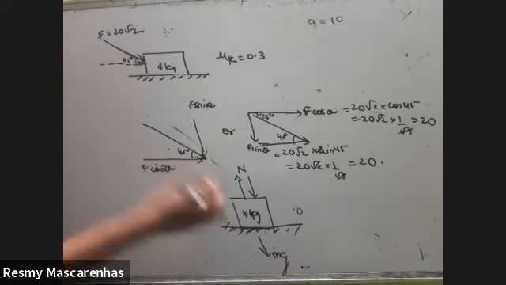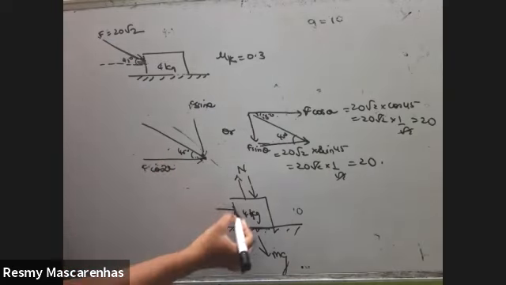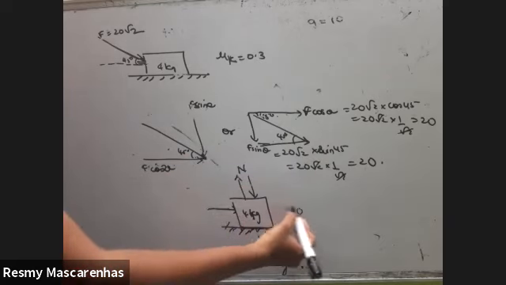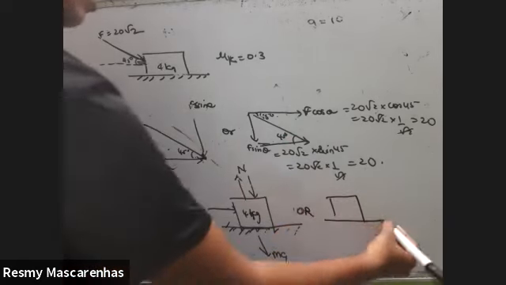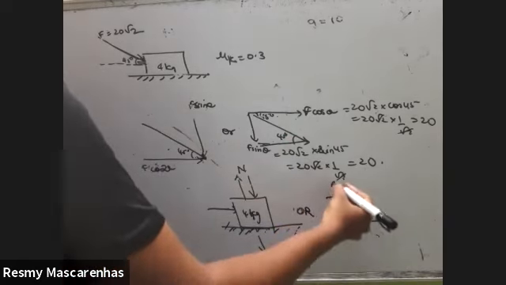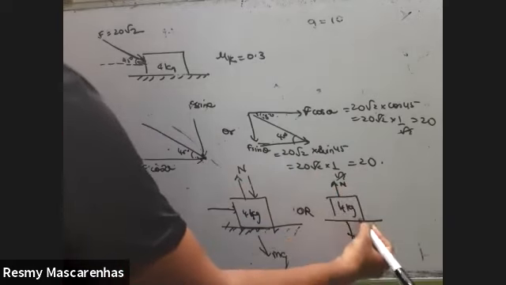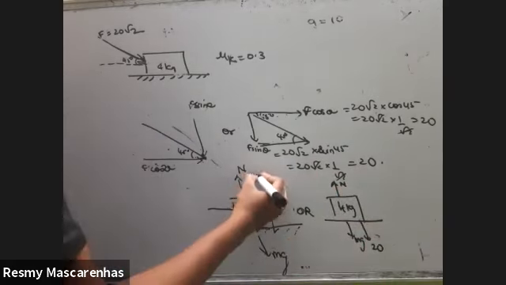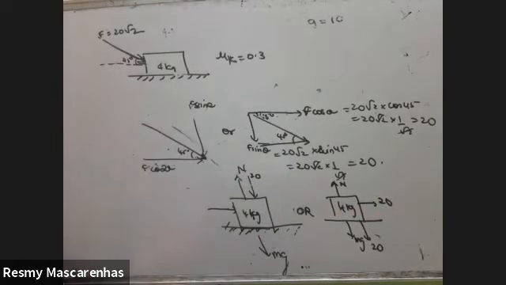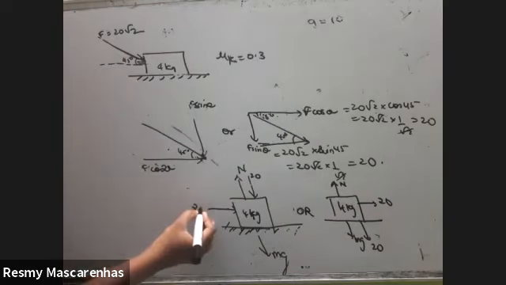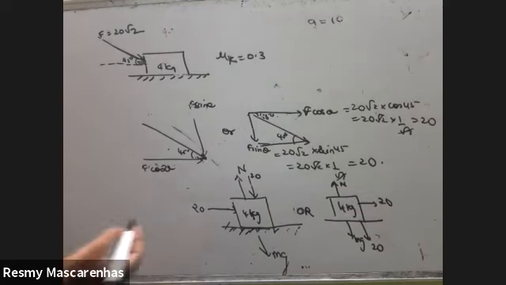And horizontal means this side, definitely it will be here. This is N, this is mg, or you can draw like this. Both the ways you will get the same answer.